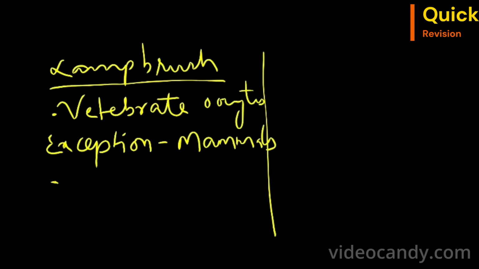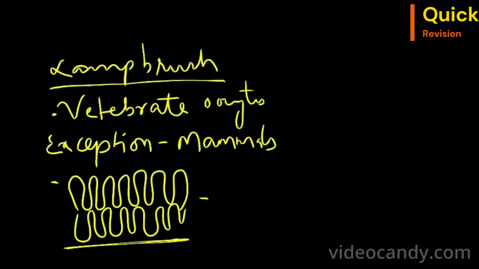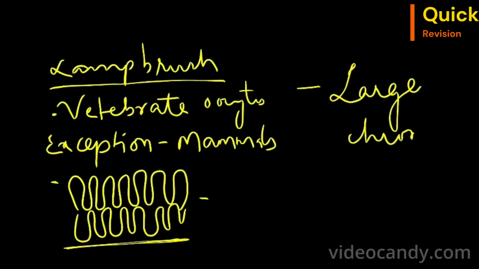The name lampbrush is because it has this brush-like structure that you can see in the chromosome. Basically they are very much larger as well. Large chromosomes. Okay, that is a little bit about the lampbrush chromosome.